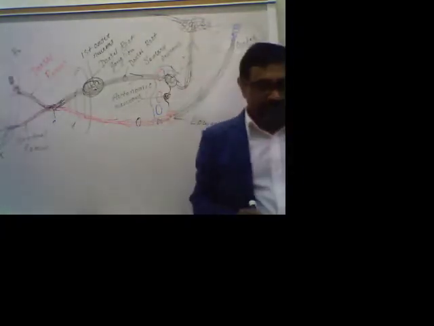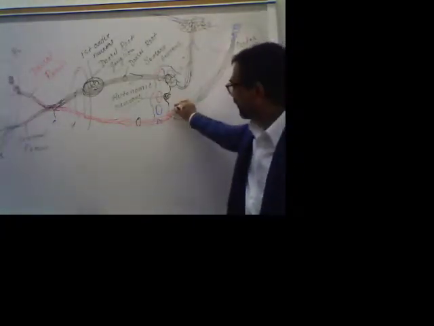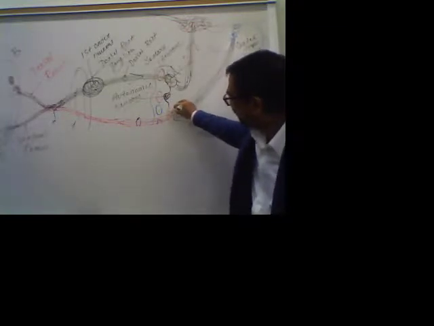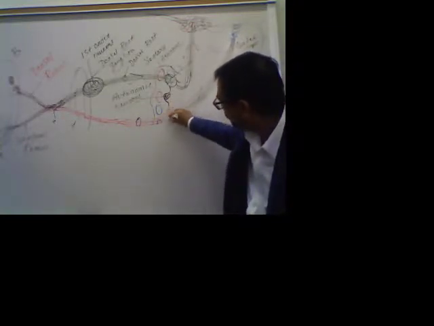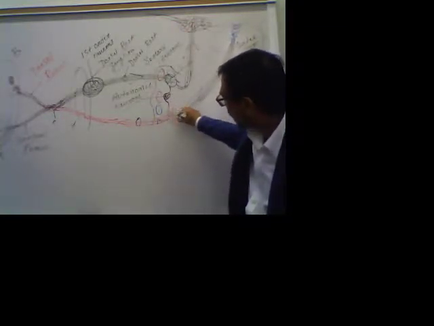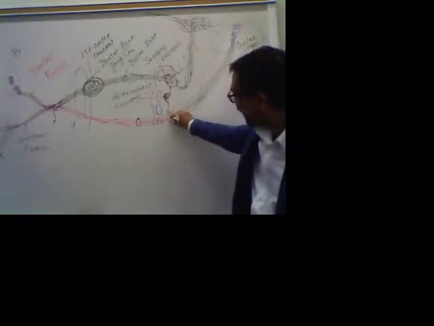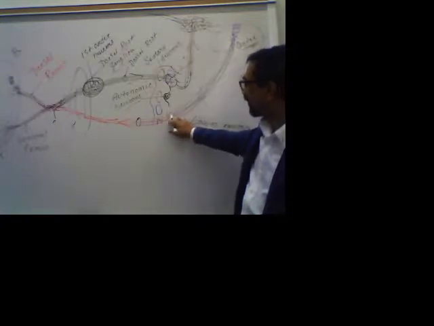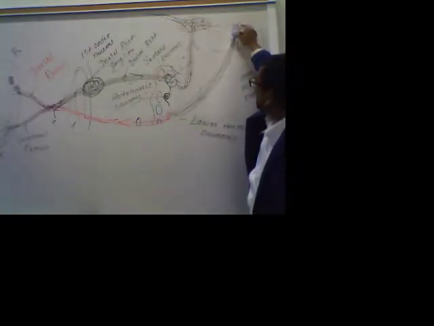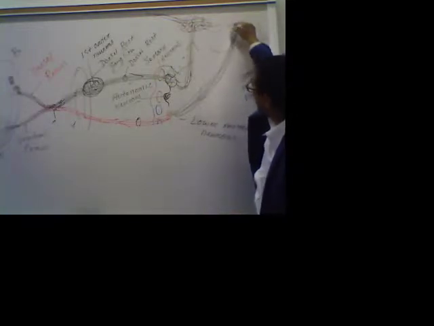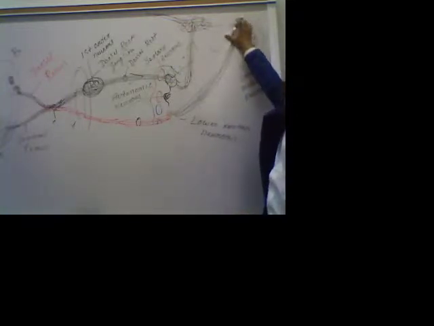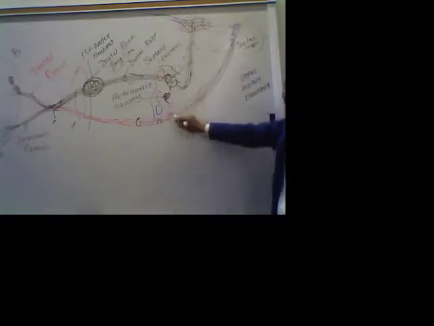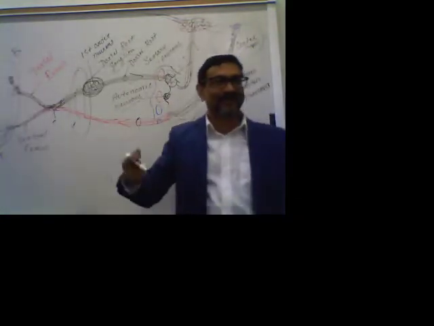Now you tell me, if these lower motor neurons are destroyed due to spinal cord injury or some other reason, no, first let's go to the upper part. If the upper motor neurons are destroyed due to stroke or something, then no inhibition will go from here to here. Make sense? So lower motor neurons will get freedom, right?